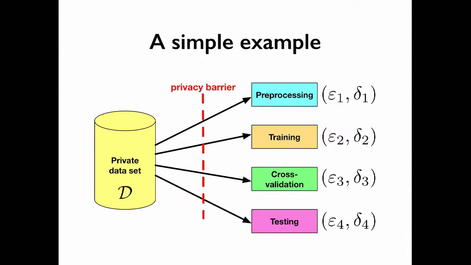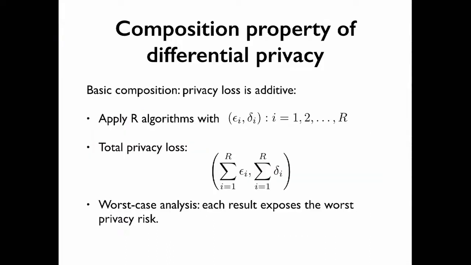And so, this happens all the time in machine learning. You might do some pre-processing of your data and then go back to the data set and train a classifier and also do some cross-validation. You're constantly going and mucking around with the data set. So you're going to be leaking different amounts of epsilons and deltas in each of these parameters. So what's the total privacy loss? The composition theorem that we saw before, this graceful degradation of privacy, says you just sum up all the epsilons and sum up all the deltas, and that's your total privacy risk.